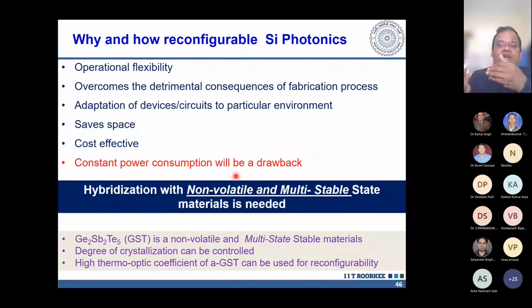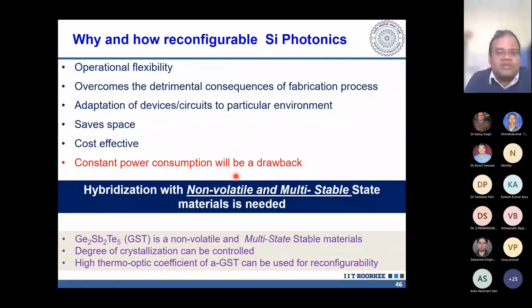Okay, and you can adapt your circuit or device to a particular environment, particularly in a country like India. If you are, let's say, in Pori, and if you need to go to Rajasthan where the temperature is high, okay, the performance will change. Okay, but you don't need to worry if your device is reconfigurable. And other reasons come from the fact that we want everything to be compact, so it saves space and it is cost effective.